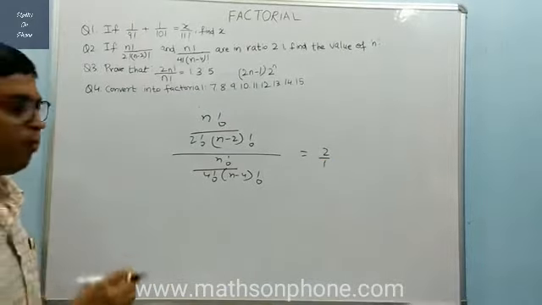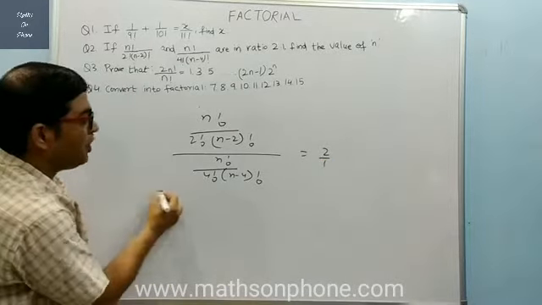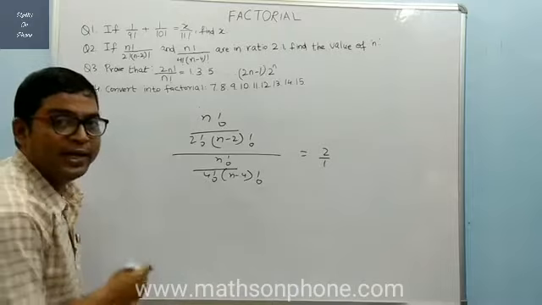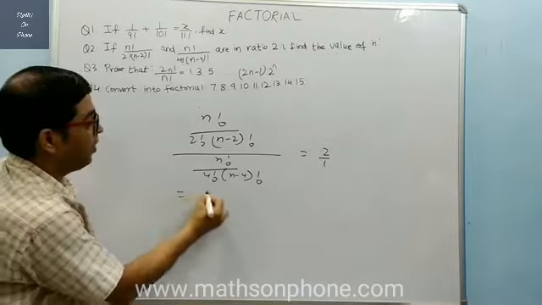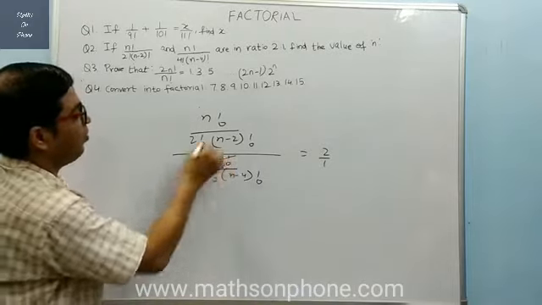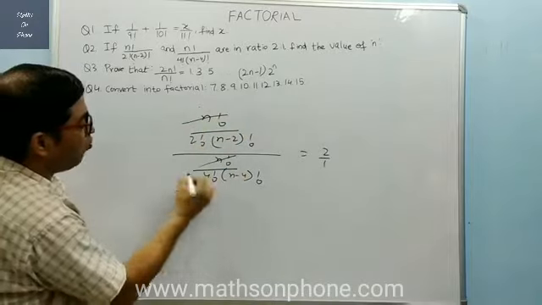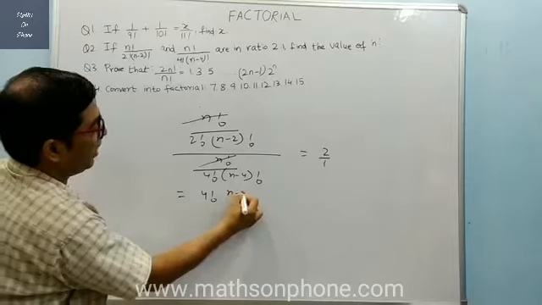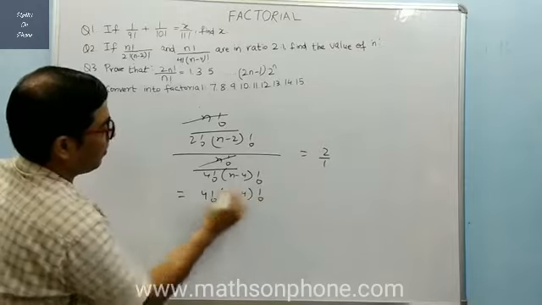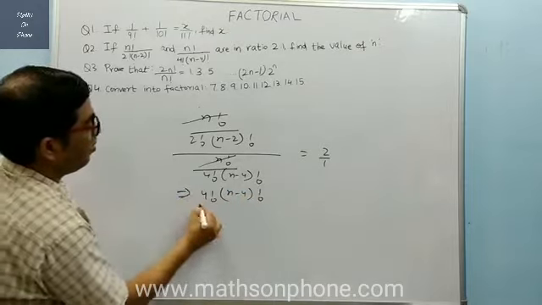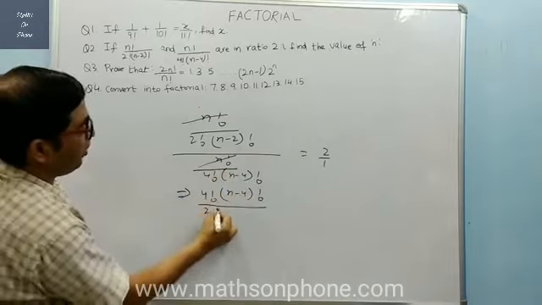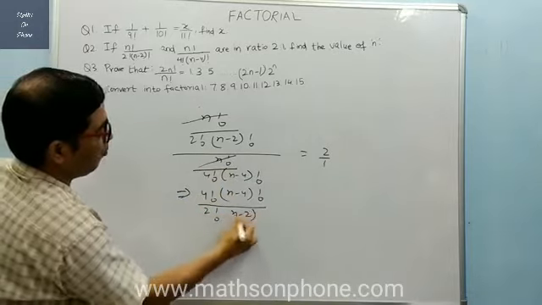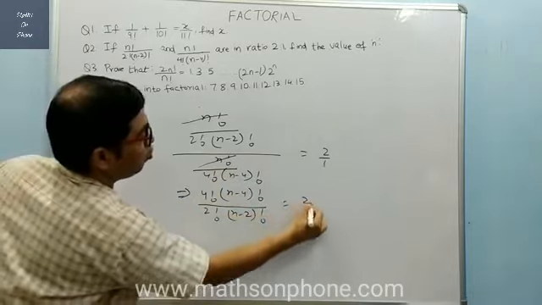So what movement can we make so that factorial terms are getting cancelled out? See, I can just cancel this n factorial from this n factorial. So what I am left with? I am left with 4 factorial into n minus 4 factorial divided by 2 factorial into n minus 2 factorial is equal to 2 by 1.